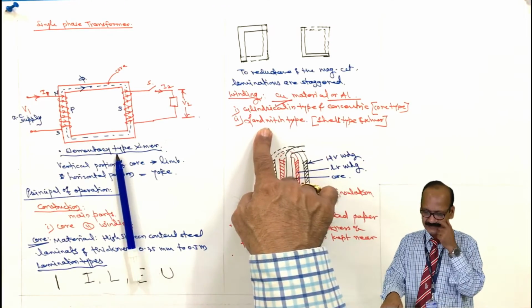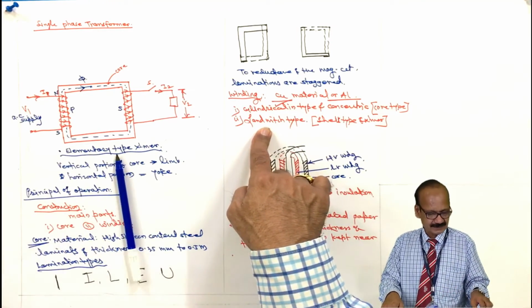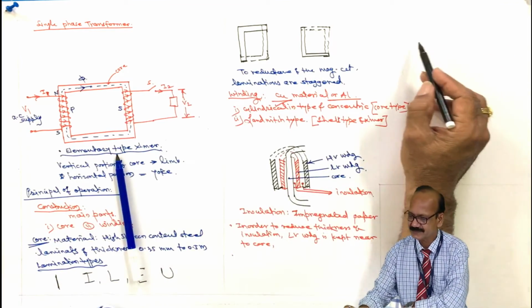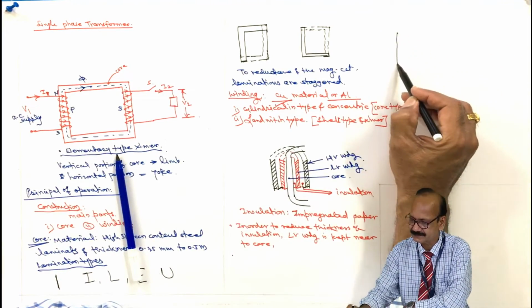And another one is the sandwich type winding. Sandwich type of winding is generally used for the shell type of the transformer. I will draw the picture for that one.